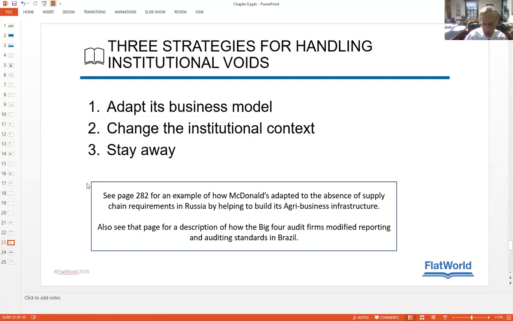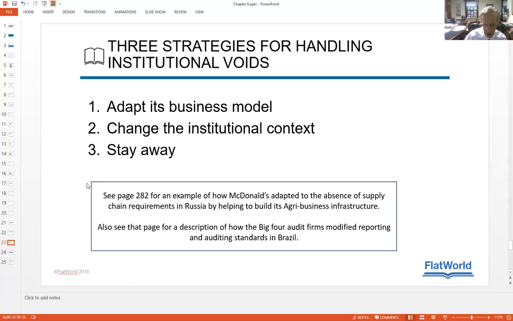So if you and your team happen to be looking at McDonald's as the company that you're studying, you really ought to take a look at page 282. And I think there are a couple of references in that chapter, but you really ought to check this out because it's a classic illustration of how to enter a new market in a very large, broad-based way.